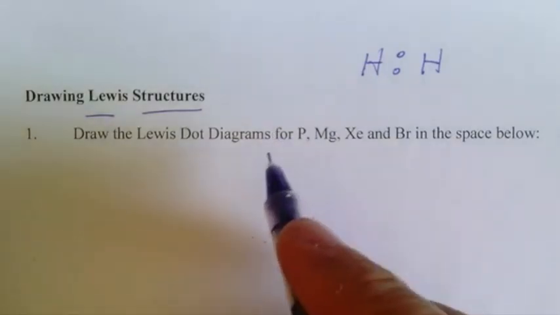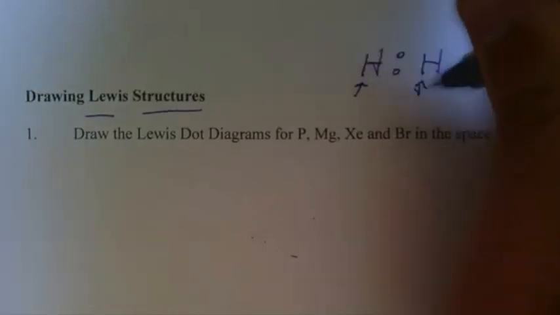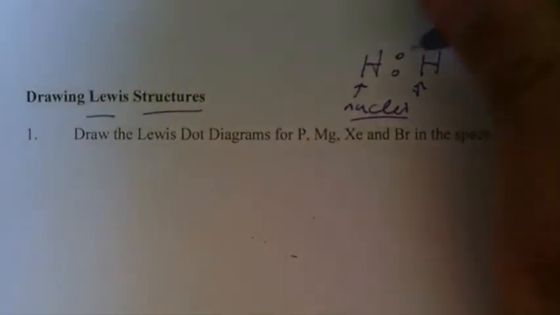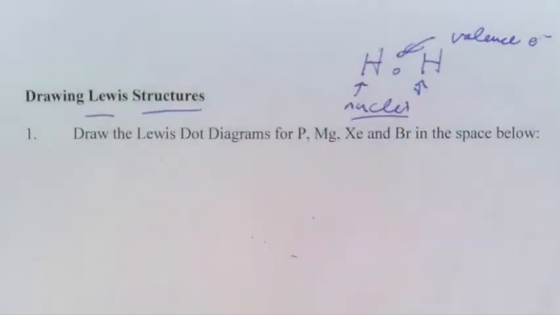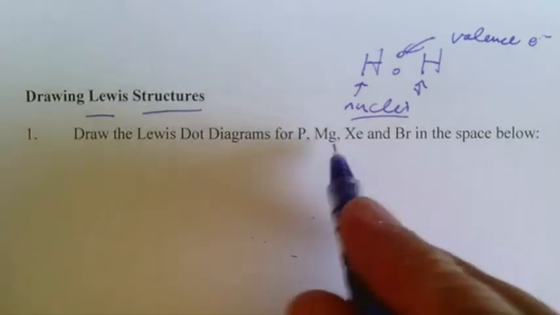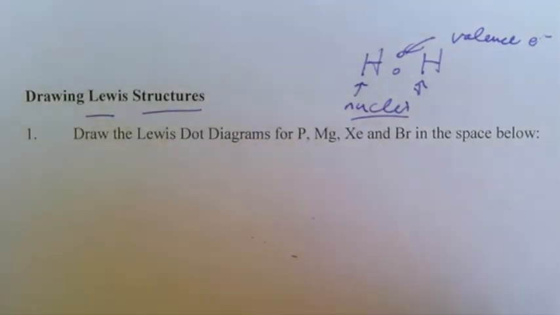So the key point here is that not only are we going to represent the nuclei like this, but the dots are specifically going to be valence electrons, not just any old electrons. And what we're going to do is start off by writing a few Lewis dot diagrams for these particular atoms without them being bound to anything.